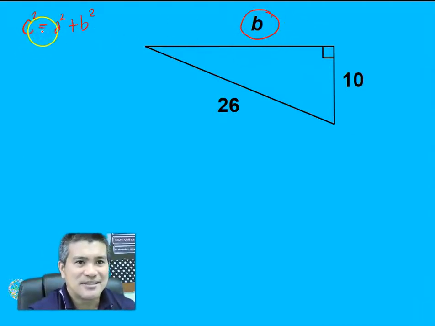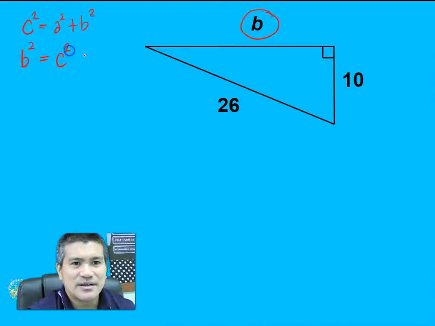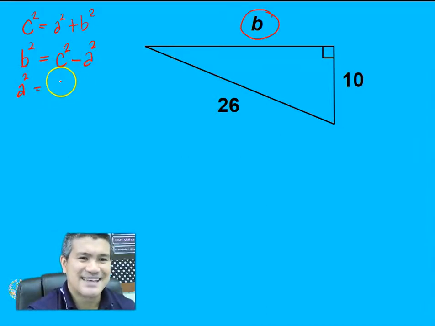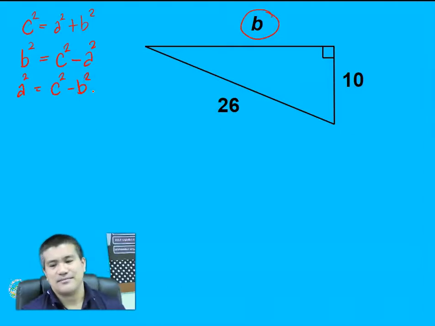Here you can create the equation b squared equals c squared minus a squared, because you're going to move the value of a to the other side, which means that b squared equals c squared minus a squared. But if you're going to solve for a, it's the same, you move b to the other side, so therefore you will have c squared minus b squared.